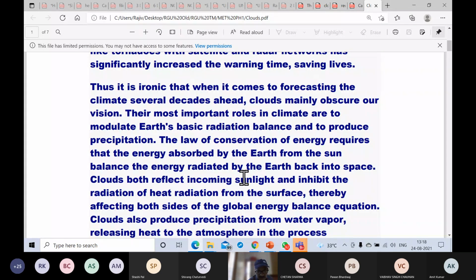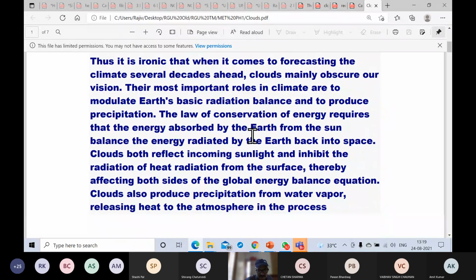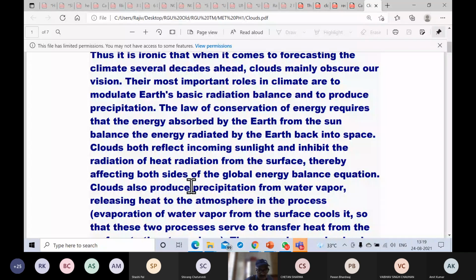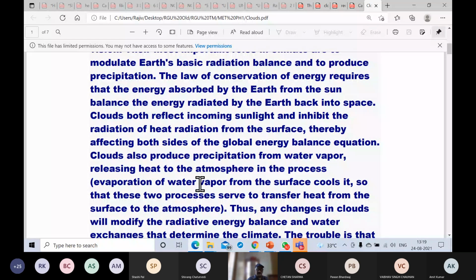So that is going to influence the weather, because if radiation is blocked by the clouds, the temperature of the sea, or the space above the sea, will rise. If it has a cloud cover, radiation cannot go back into space. Therefore it will be blocked, and this is going to inhibit radiation from the surface, which means an imbalance is created as far as energy conservation is concerned.